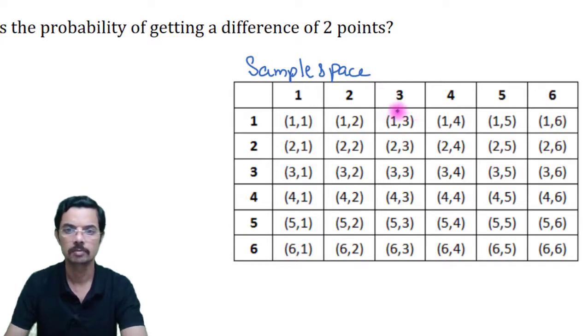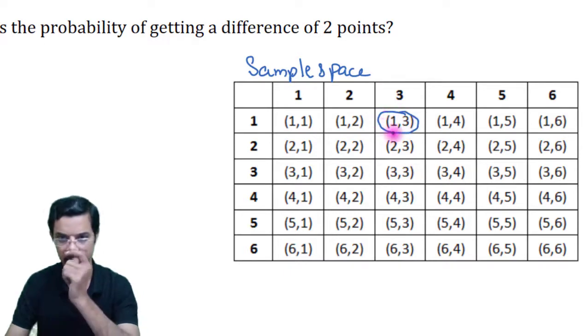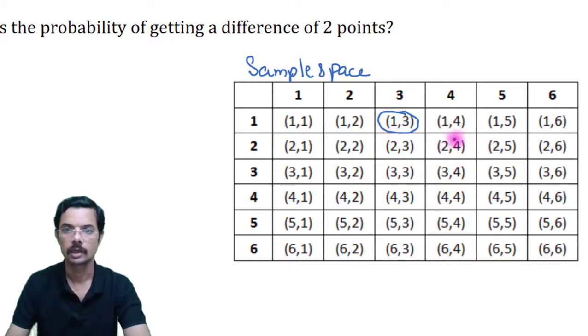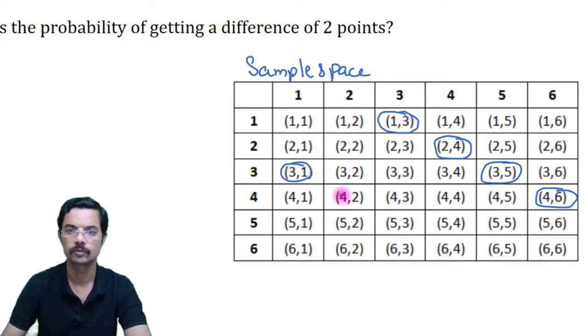Let me mark them down here. This will be 1, 3, the difference is 2. Here the difference is 2, here the difference is 2, here the difference is 2. In the same way, 3 1 will also give a difference of 2, 4 2 will also give a difference of 2, then 5 3 will also give a difference of 2, 6 4 will also give a difference of 2.